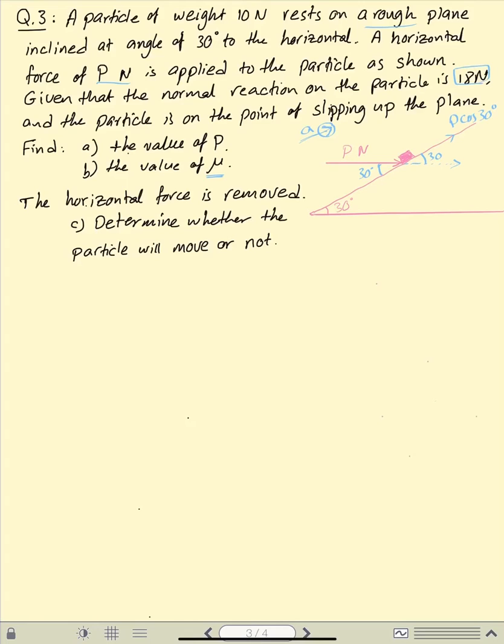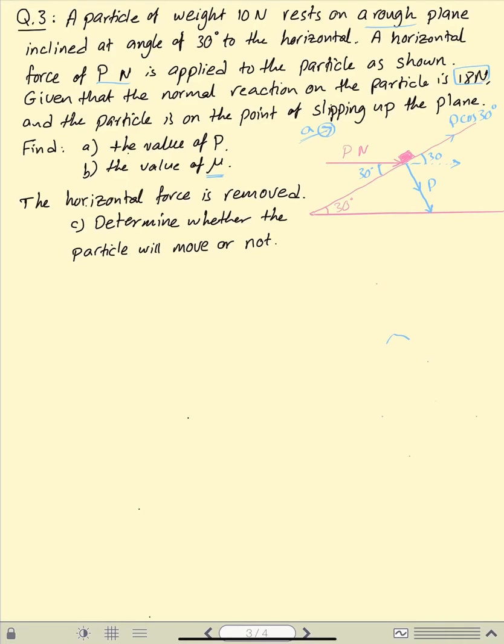So since this P is here, the other component is perpendicular to the first one, which is here. So this one is P sine 30.